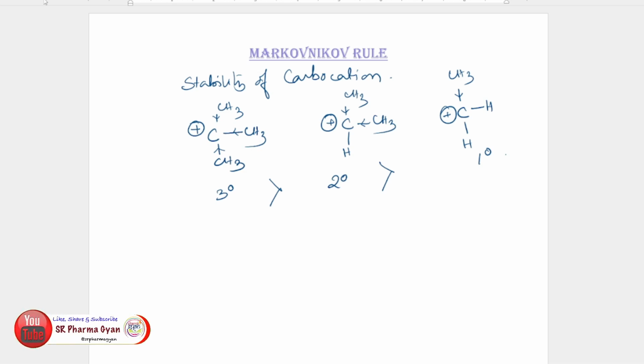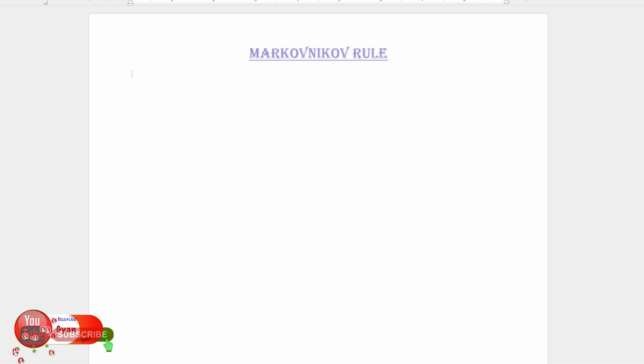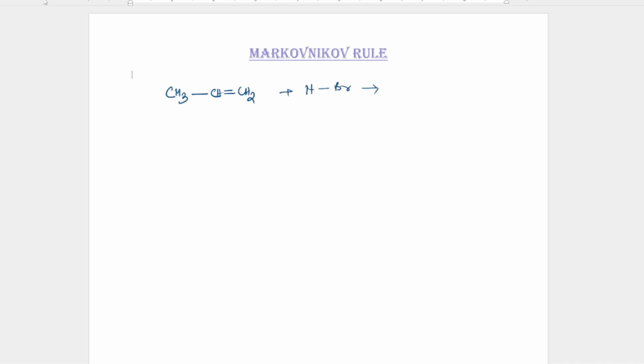Let's come to the mechanism. So the reaction between this occurs in three steps. The first step involves the formation of the electrophile. So here what happens?